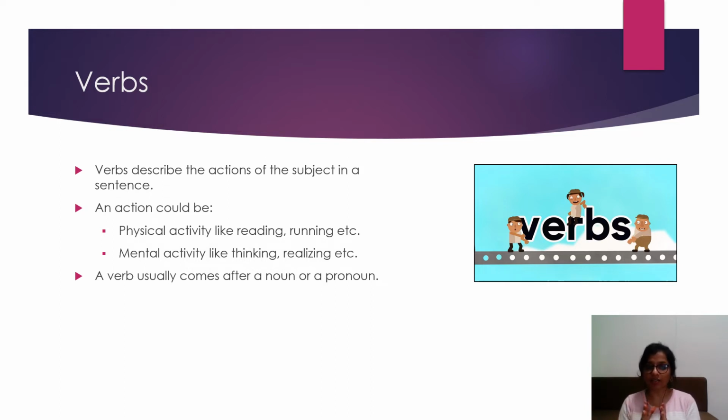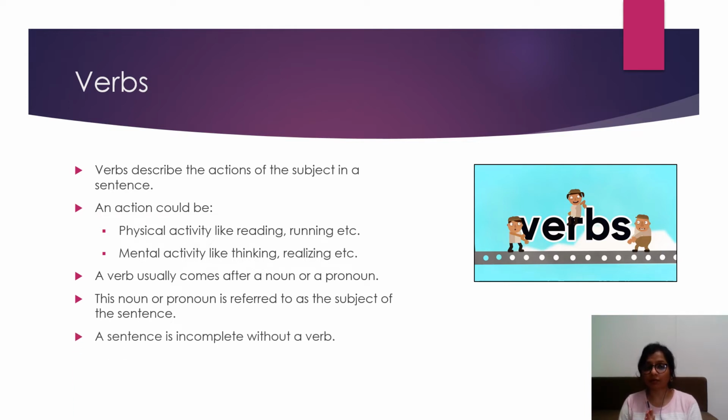What exactly is she doing? Or what exactly she did in the past, or what she will be doing in the future. The verbs tell you what the subject of the sentence is doing, or did in the past, or will do in the future. So verbs are an integral part of any sentence, and a sentence is incomplete without a verb.